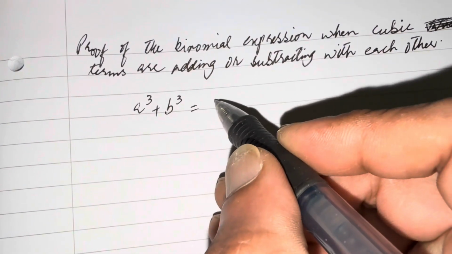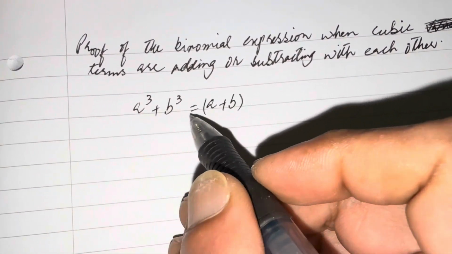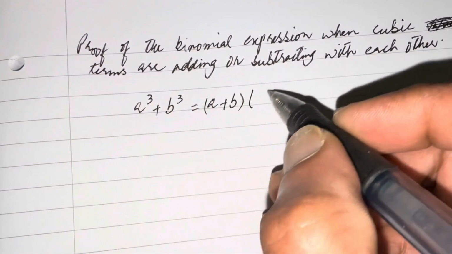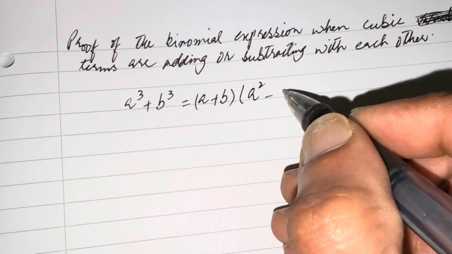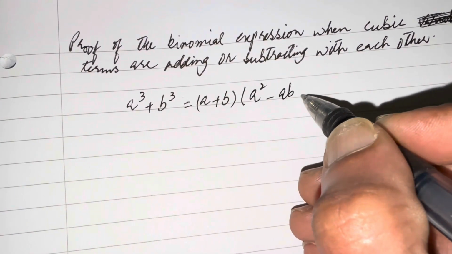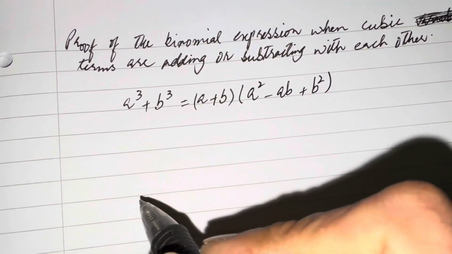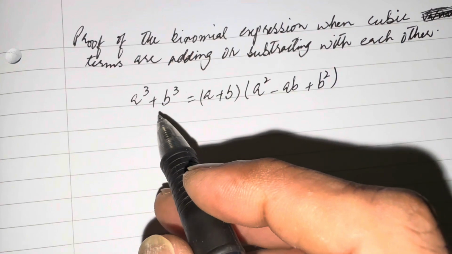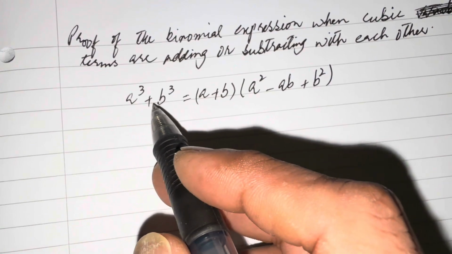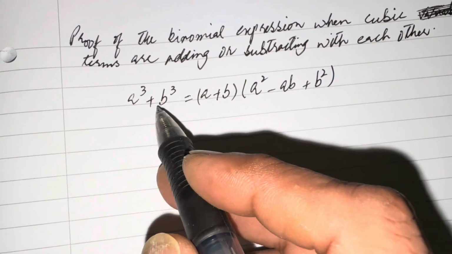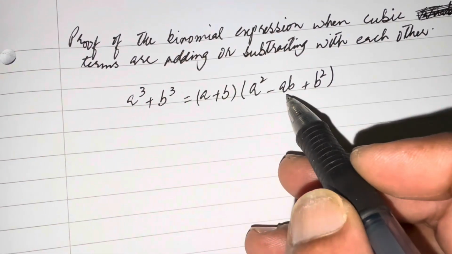This formula can be written as a plus b, or you can say the first plus second, into a square minus ab plus b square. So how is it possible that a cube plus b cube, when we take the two variables in the form of a and b and they are adding with each other in their cubic form, that expression can be written in this form.